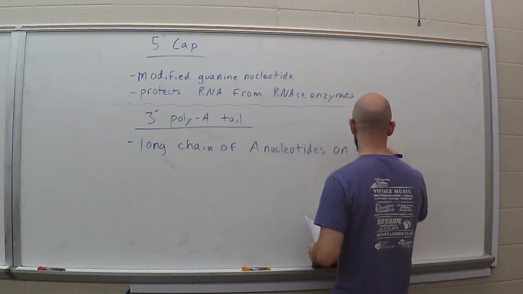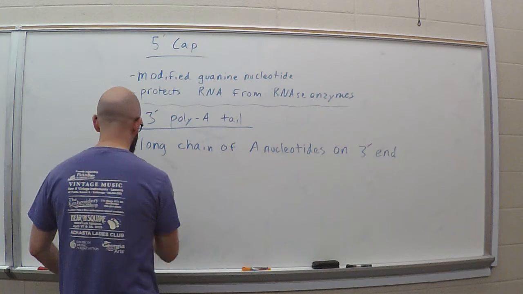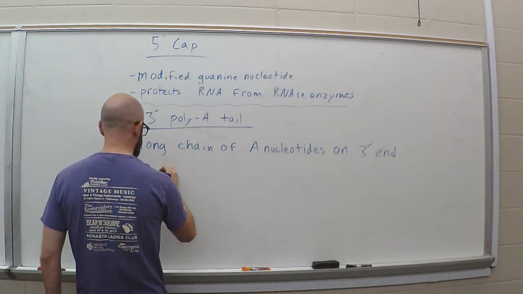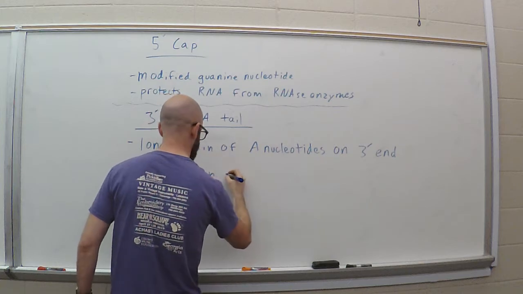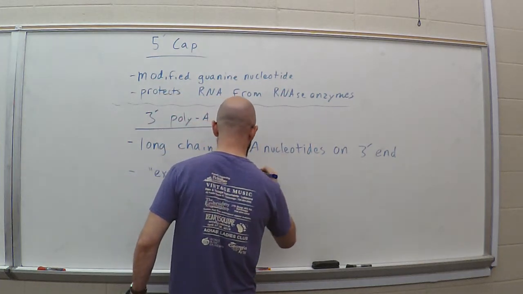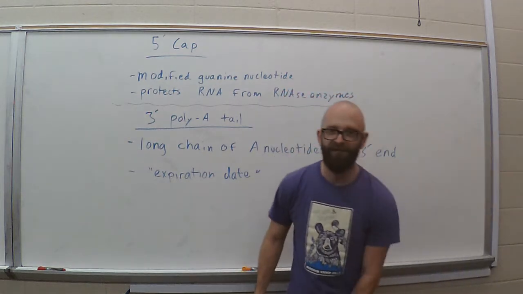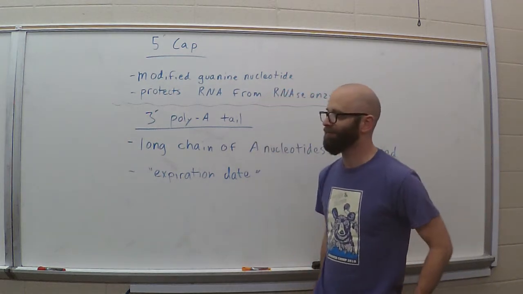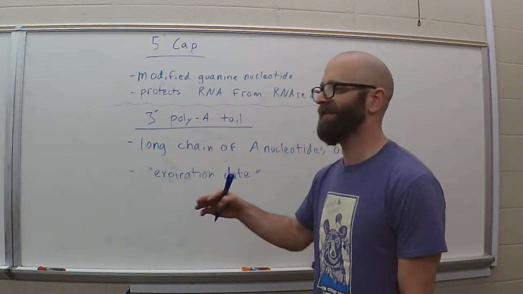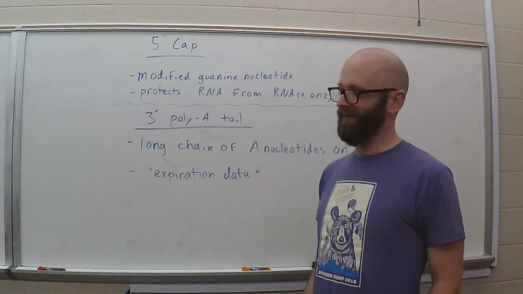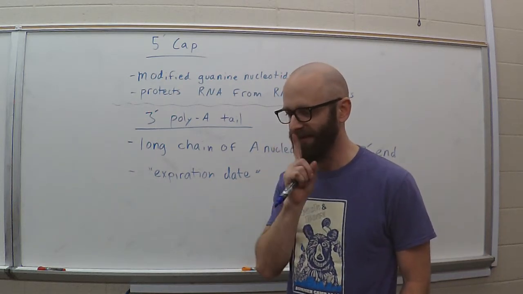On the 3' end. And you can kind of think of it as, we'll call it an expiration date. Think of it this way. All right, let's say a piece of mRNA gets made in the nucleus. And let's say it gets sent out into the cell to get translated to make protein.